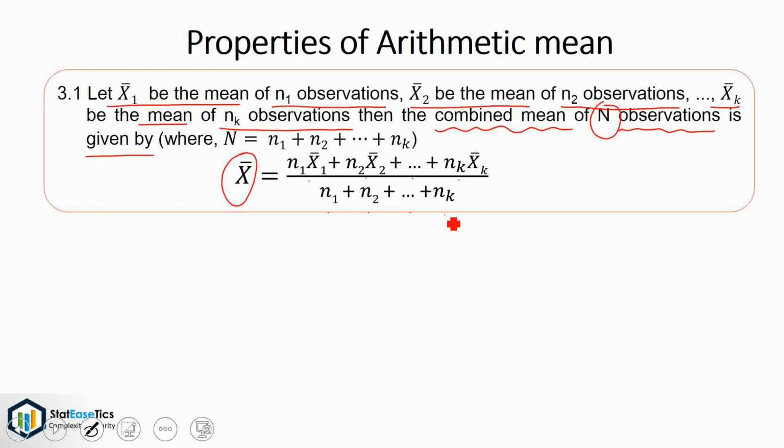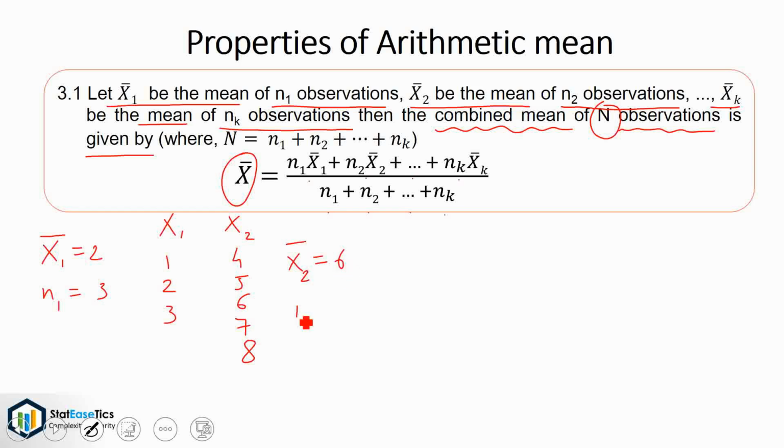Suppose we have a data set, say x1 with observations 1, 2 and 3. Here the mean of x1 is 2 and number of observations of the data set is 3. And suppose we have another data set, say x2 with observations 4, 5, 6, 7 and 8, then its mean is equal to 6 and number of observations equal to 5.